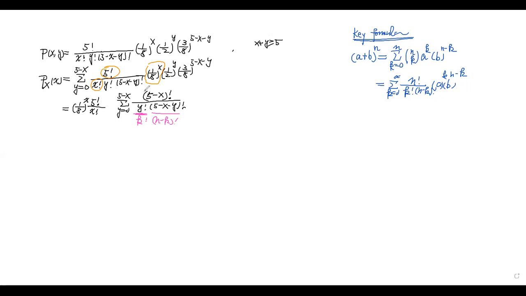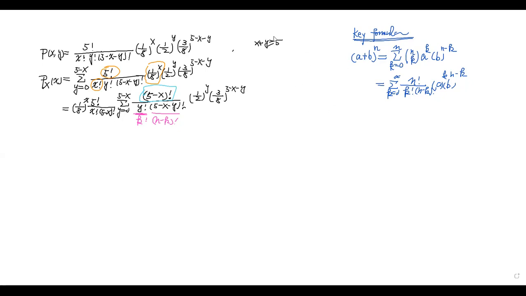I know I cannot just add some term like (5 − x) factorial. So what I need to do here is divide by the (5 − x) factorial. Now in here, this is (1/8)^x, then this is (1/2)^y, and this is (3/8)^(5 − x − y).